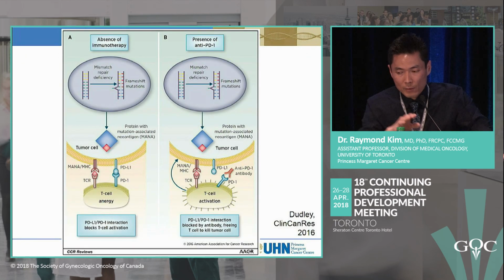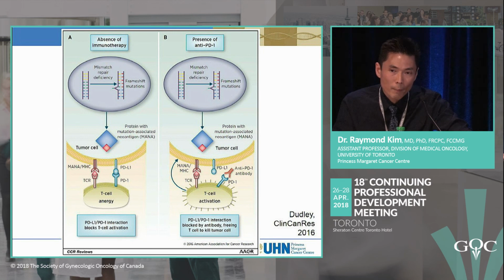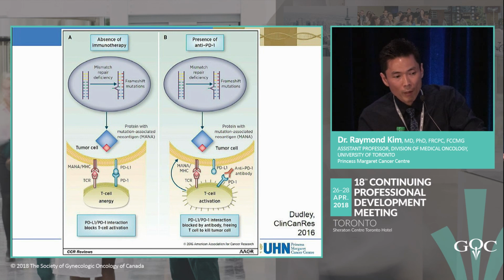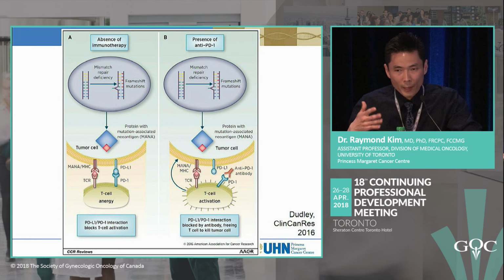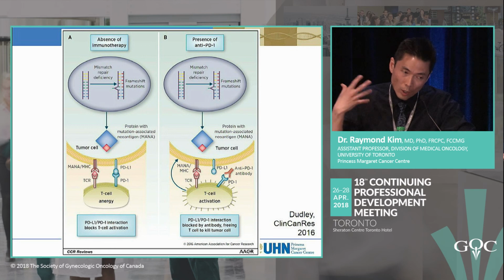So how does this relate to, and I wanted to bring this back to how this is related to the understanding of the management of Lynch syndrome. I'm sure a lot of you know that Lynch syndrome and mismatch deficient tumors are exquisitely responsive to immunotherapy. So in mismatch repair deficient tumors, whether it be a Lynch syndrome or whether it be a sporadic tumor, what we have is a mismatch repair problem. And when mismatch repair happens, you get mutations throughout the cell, and that causes cancer.